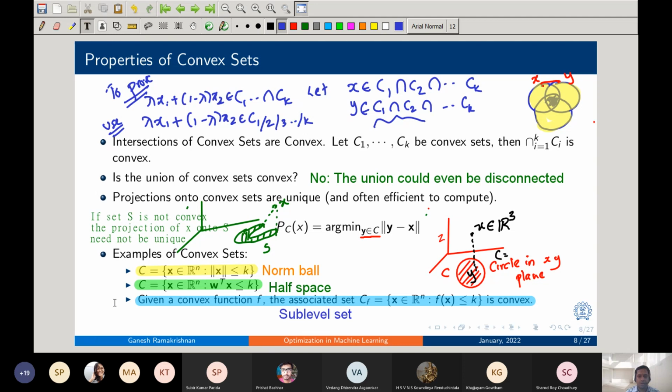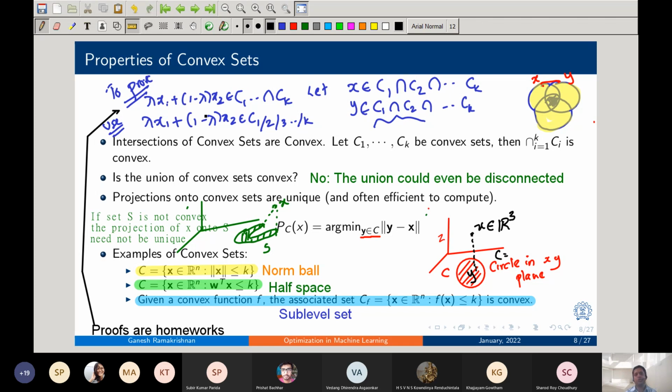But the intuition is going to be the same. The same intuition is going to hold everywhere, which is I want to somehow show that 2 points that belong to the set, their convex combination will always lie within the set.